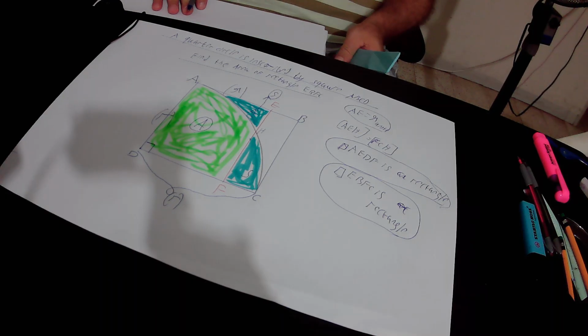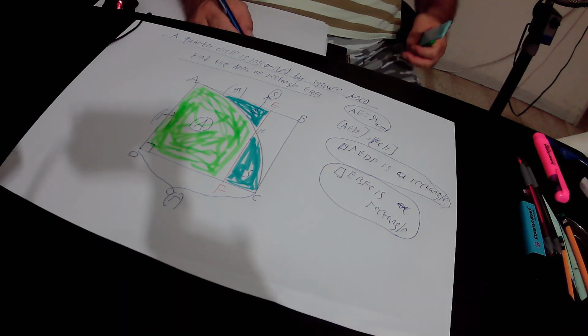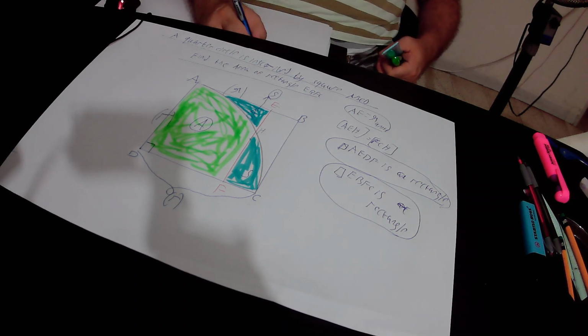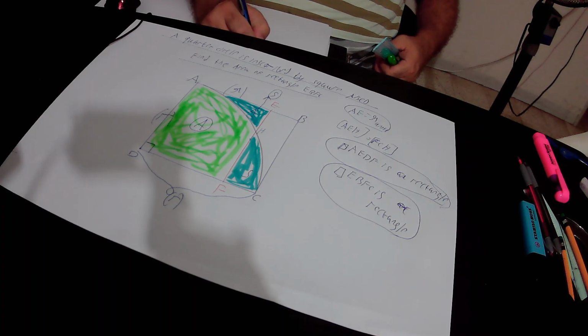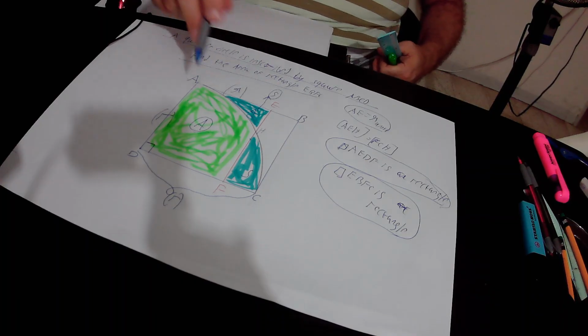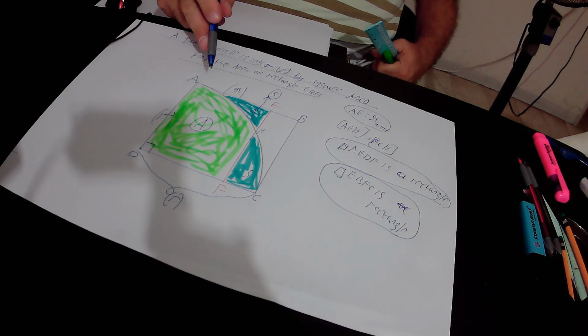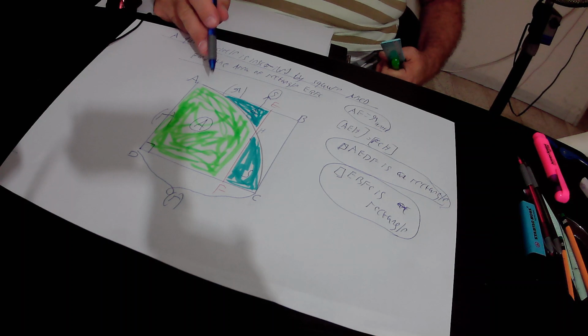From the drawing, it is very easy to see that the area of this rectangle EBFC is equal to the area of square ABCD minus the area of this rectangle AEDF.